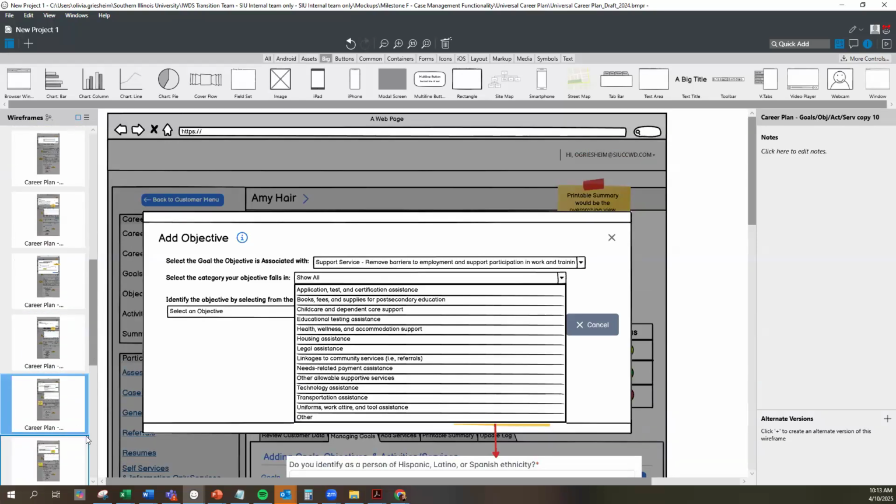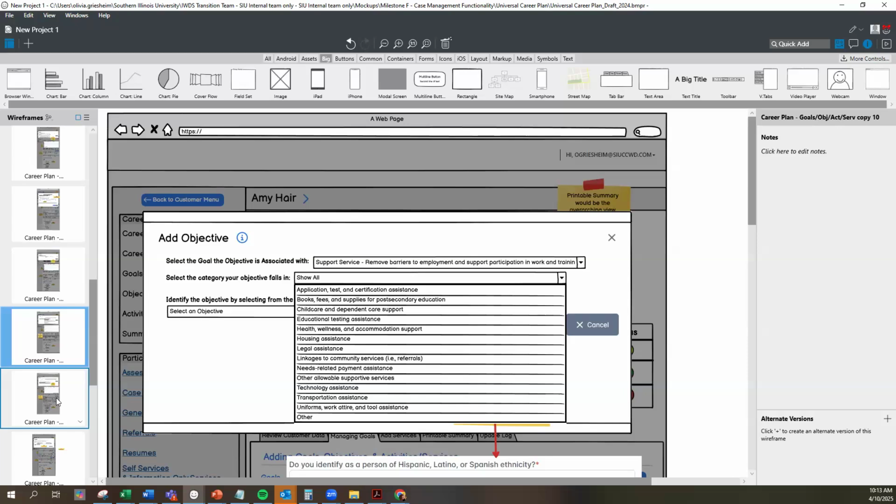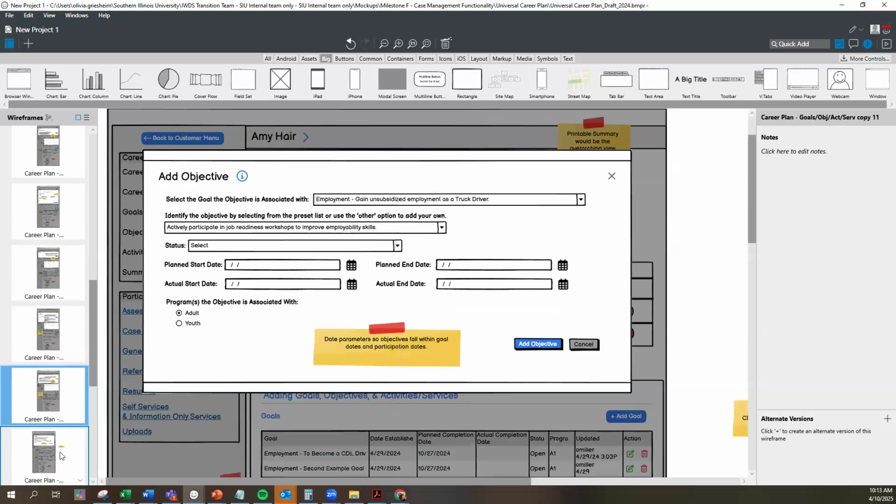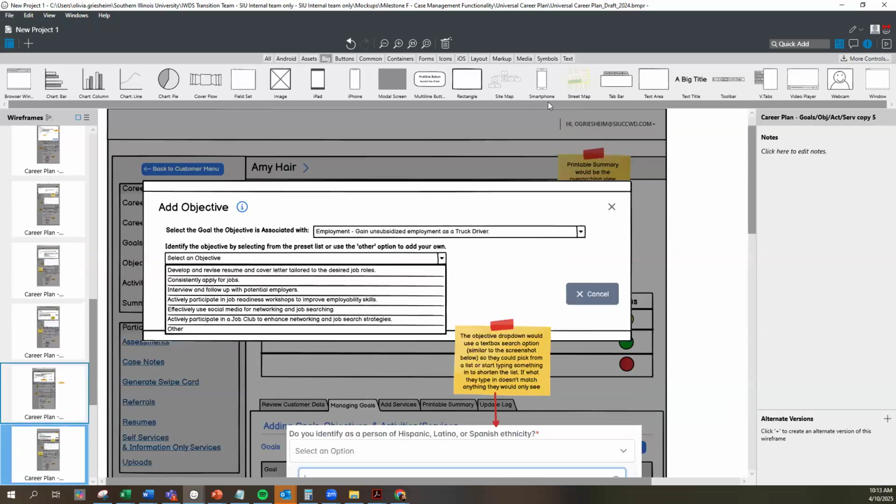There will be two ways this will happen. One, if you pick employment, education, or training, we'll be able to then see the paired list of objectives associated with the goal and the option to choose other. So you can add your own objectives and you can do the same thing with goals.